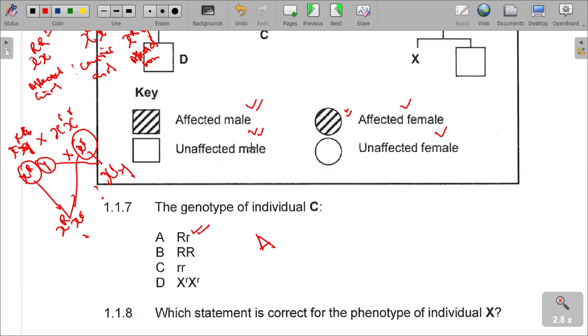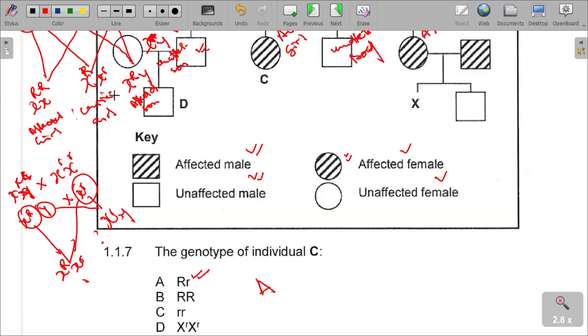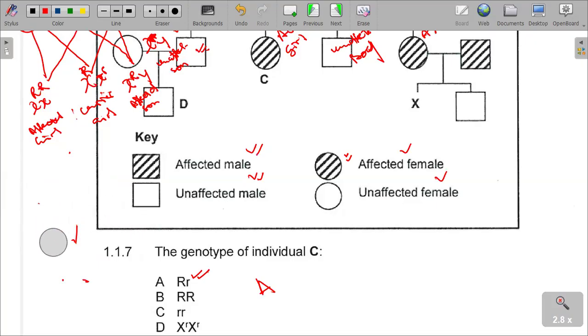So as you can see, the calculation we did above shows that for sure this mother is a carrier, and she can give us those possible outcomes.